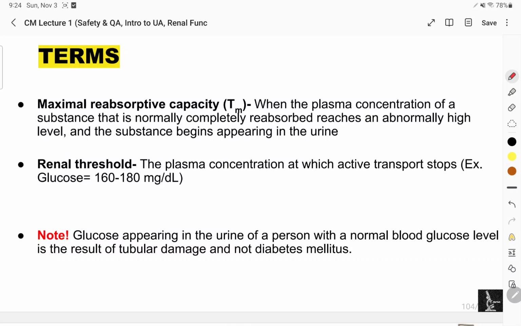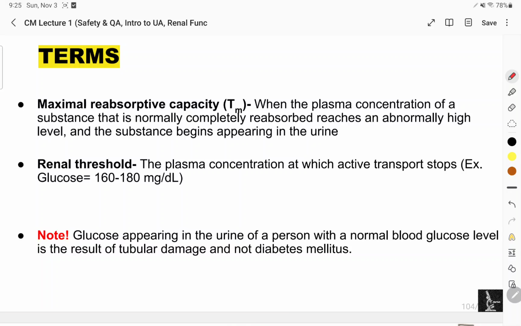Okay? So again, a substance normally completely reabsorbed, you will not see it in the urine. But because it reaches a high level, the substance begins appearing in the urine.